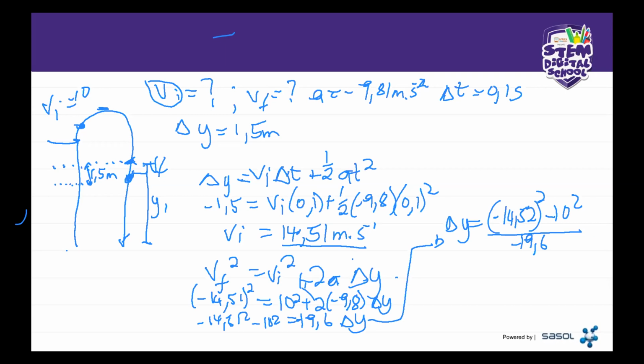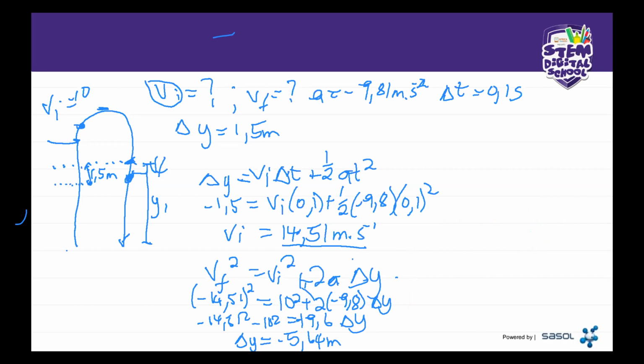It's better, so then you can just plot it on your scientific calculator the way it is. And your answer there should give you change in y is equal to minus 5.64 meters. Okay. So there we have our triangle y.